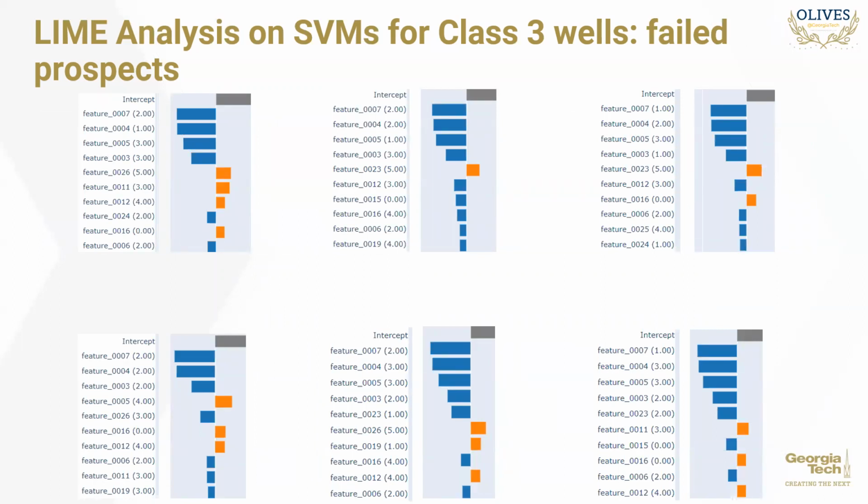So these are all of the points in the test data that prove to be a failure, where one did not find oil and gas deposits. And for these features, it's the other way around, where some of these features having lower values would increase the likelihood of failure, as opposed to other features, the features with the positive bars, where having higher values would increase the likelihood of failure, and lower values would decrease the likelihood of failure.